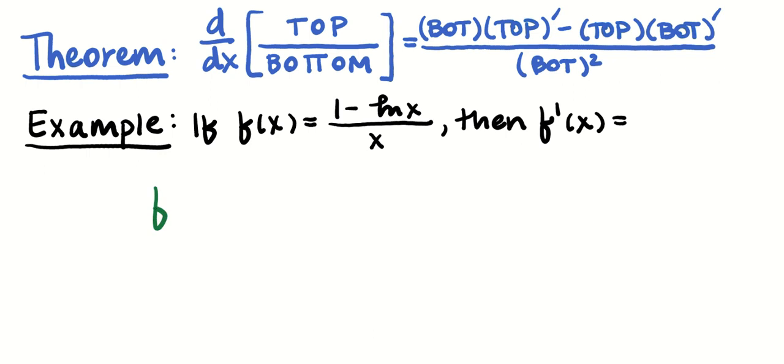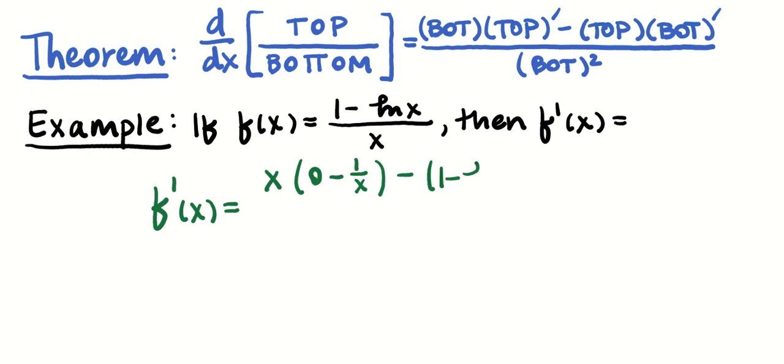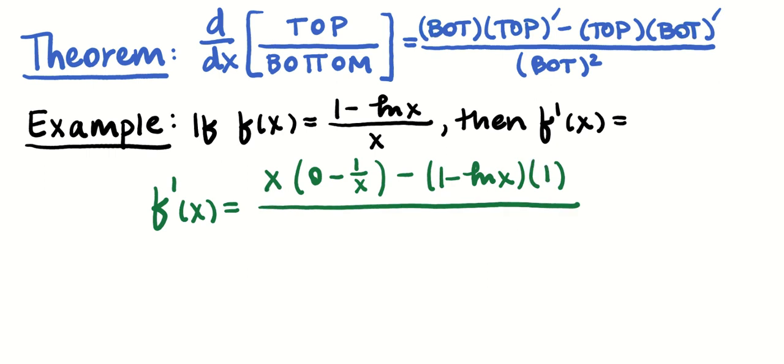So f prime of x is going to equal bottom times the derivative of the top. Well, the derivative of the top, the derivative of 1, is 0, minus the derivative of natural log of x, which is 1 over x. Okay? Minus the top times the derivative of the bottom, and the derivative of x is 1, divided by the bottom squared. Now, I think on the problem that I graded, you actually had to maybe find f prime of e or something.